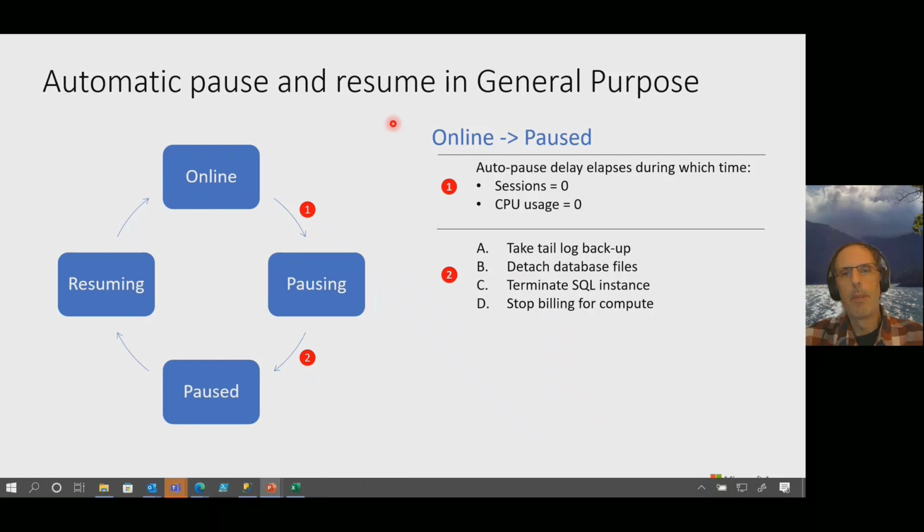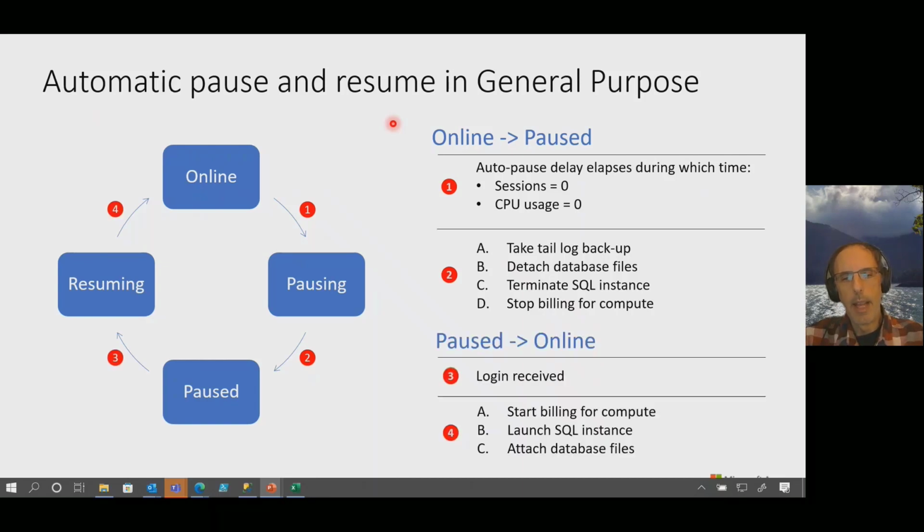The length of time to pause a database, which is important for cost-related reasons, typically is in a range of 1 to 10 minutes, and most often takes around a minute, largely due to taking that tail log backup to ensure an orderly shutdown.